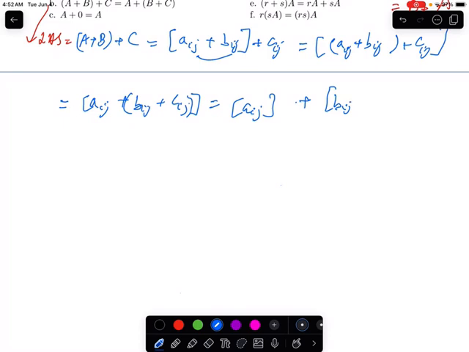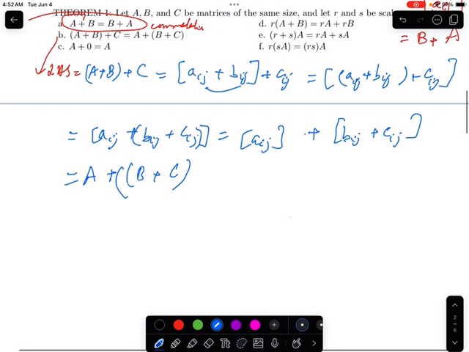So which we can now write as A plus parentheses B plus C. So we have proven the result.